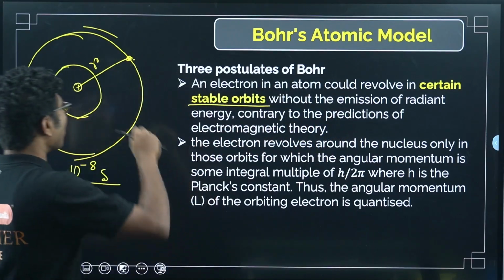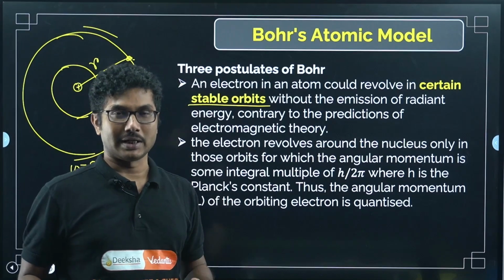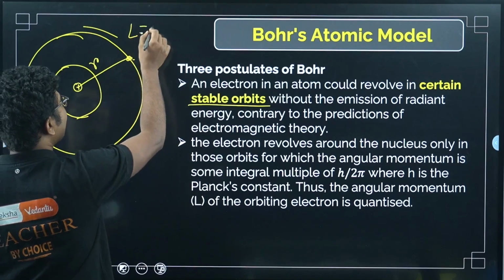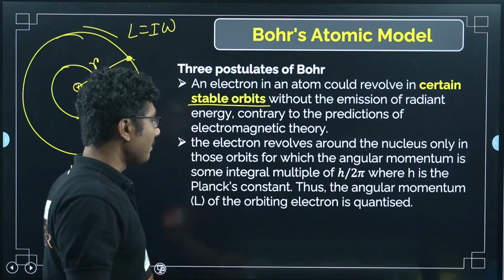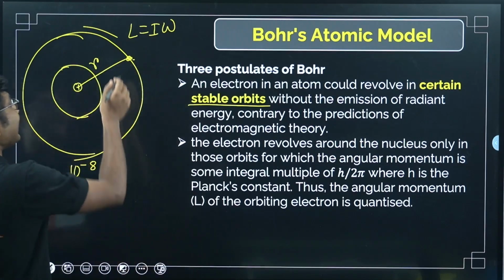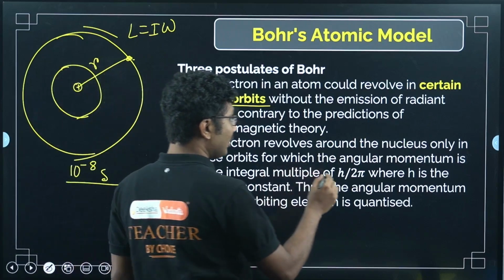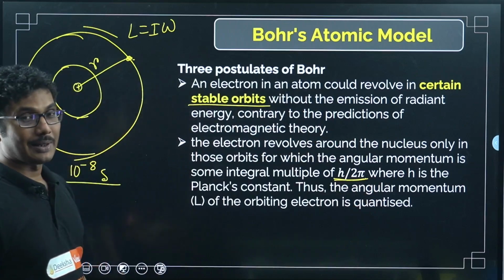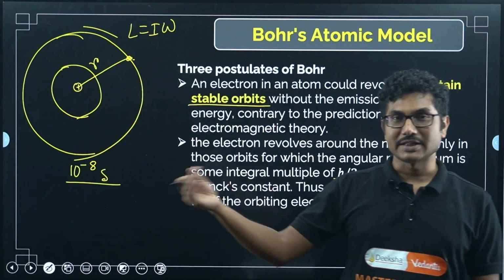If the electron is orbiting around this orbit, then its angular momentum, we know L is equal to I omega. In rotational motion we have learned this, similar to linear momentum. But when an electron is orbiting in one orbit, the angular momentum has to be an integral multiple. Integral multiple means 1 time, 2 times, 3 times, 5 times, 6 times, like that.